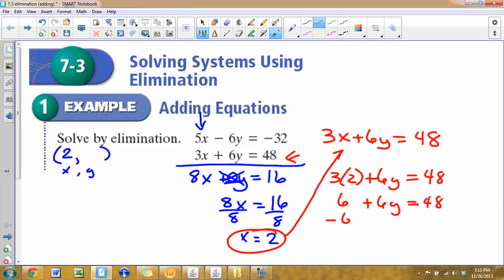Then I'm going to subtract 6 from both sides. 6y equals, and then 48 minus 6 is 42. Divide both sides by 6, and y equals 7. So my solution is (2, 7). You have to do both parts in order to get that point because you've got to have an x and a y.